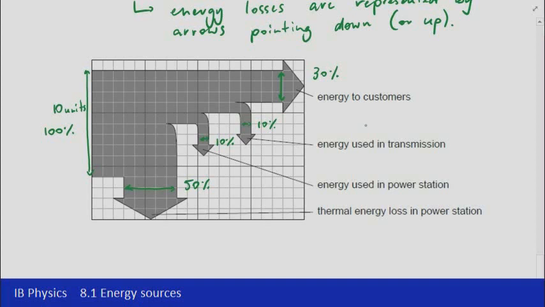In the end, it might be that the energy being produced by a lamp might actually only be, say, 1% of the original energy that was input into that particular system. So you can see fairly clearly here that more often than not, the energy losses represented by these Sankey diagrams are going to be quite significant, and the energy that is ultimately used by consumers is a fairly small percentage of the primary energy source.